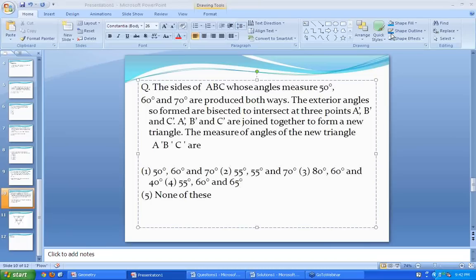Some of you who could not solve it, I'll just show you the figure and explain the solution. Rohit Singh not correct. You can have a look at this question. The triangle given here was ABC, which has 50, 70, 60 as the angles.